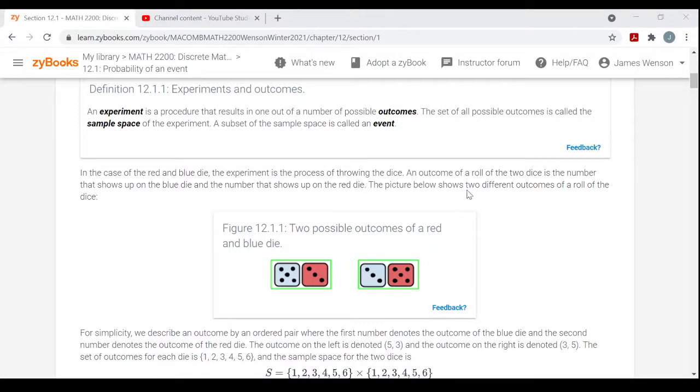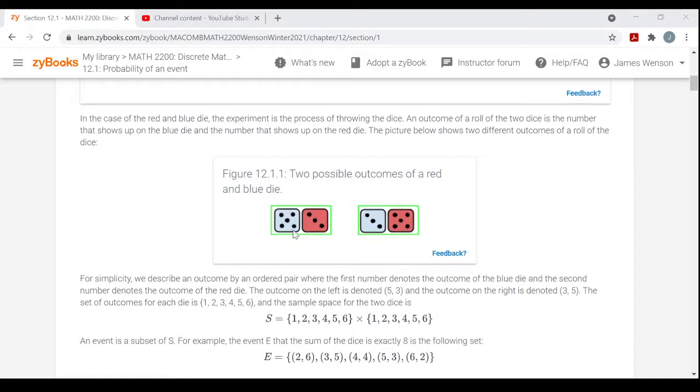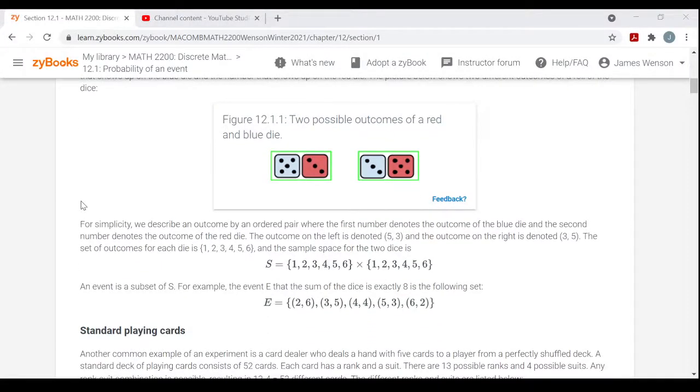The picture below shows two different outcomes of a roll of the dice. One outcome is 5 on the blue, 3 on the red. Another possible outcome, 3 on the blue, 5 on the red. These are different outcomes because the same numbers are showing up, 3 and 5, but they're showing up on different dice. So that's why they're different outcomes.